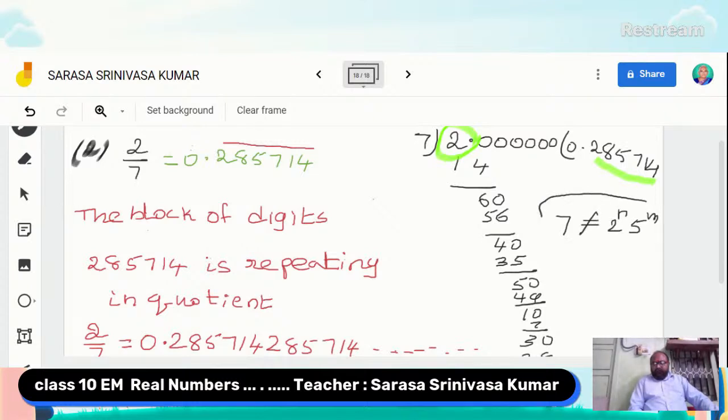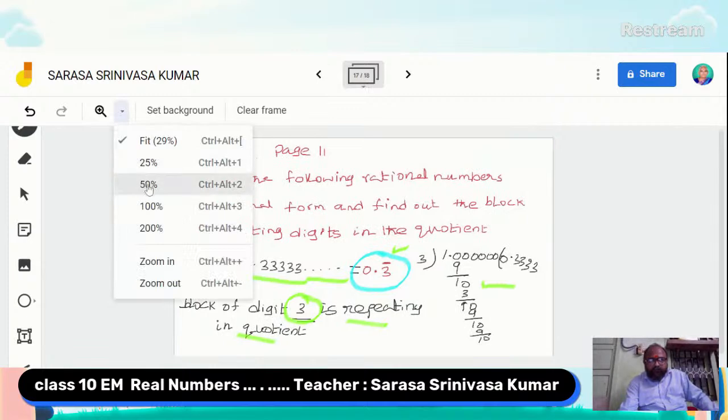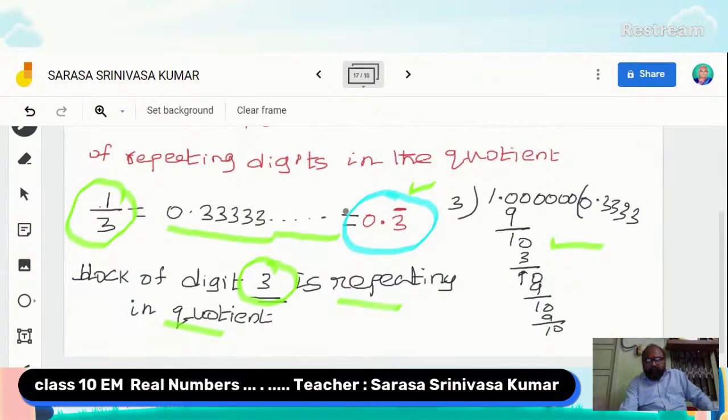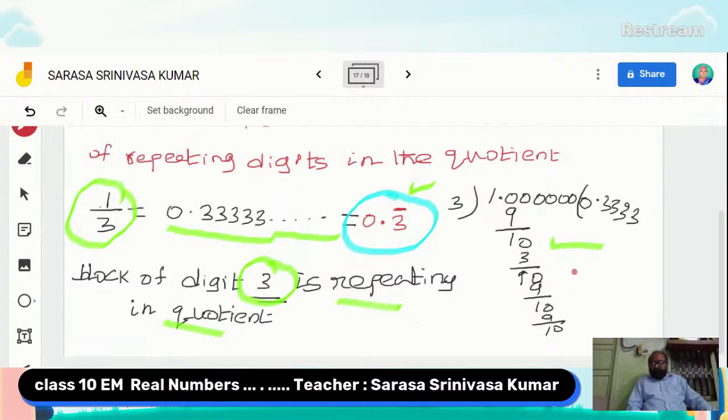Even in the earlier example also, 3 is not in the form of 2 power n 5 power m.